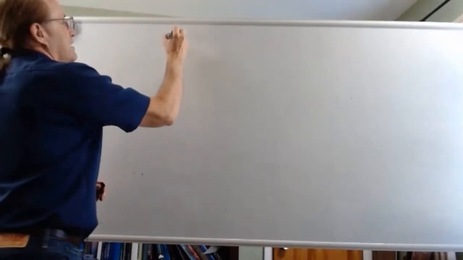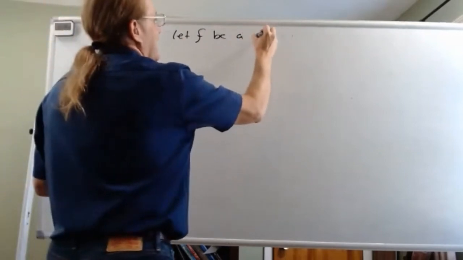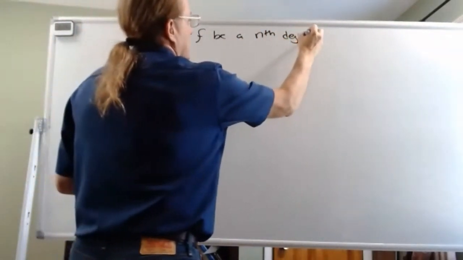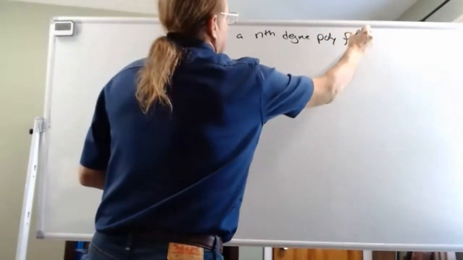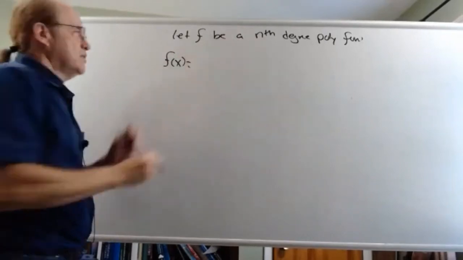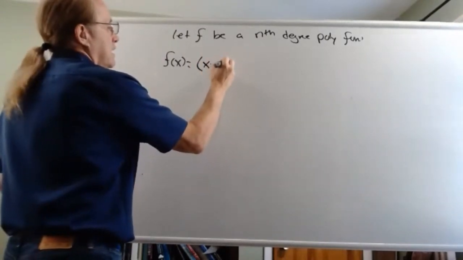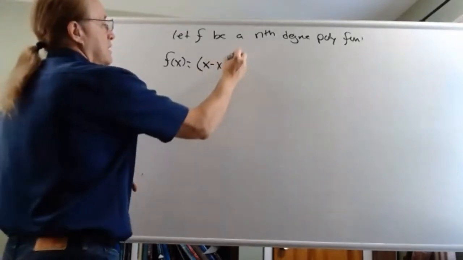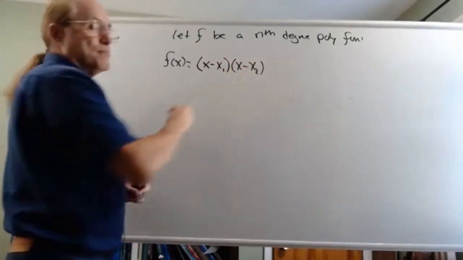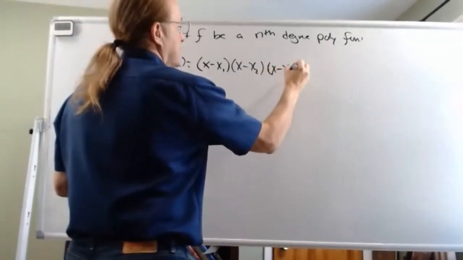So what it tells me is the following. Just look at it at a high level. Say, let f be an nth degree polynomial function. That corollary tells me that if I find all my n roots, I can write this, say, as x minus x1, where x1 is a root, times x minus x2, that's my second root, times x minus x3, and keep going.